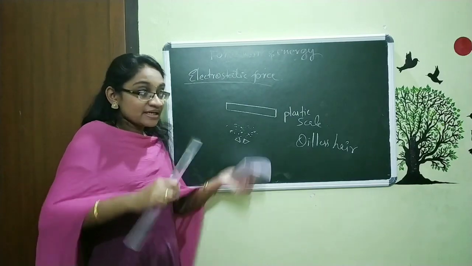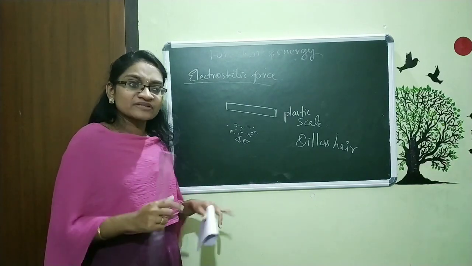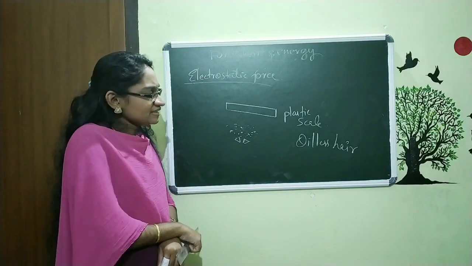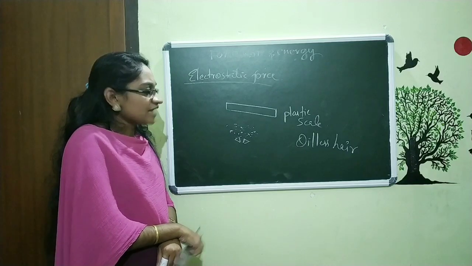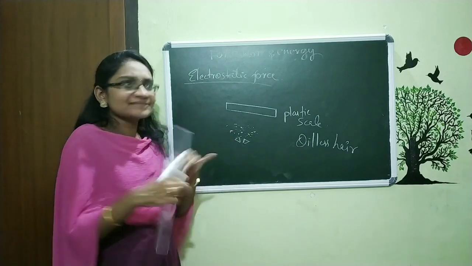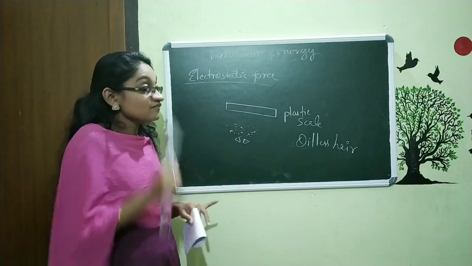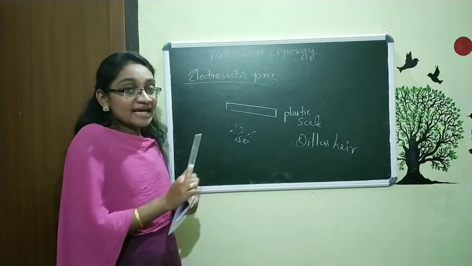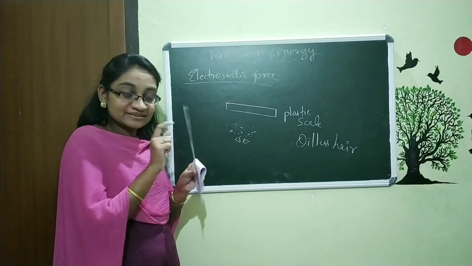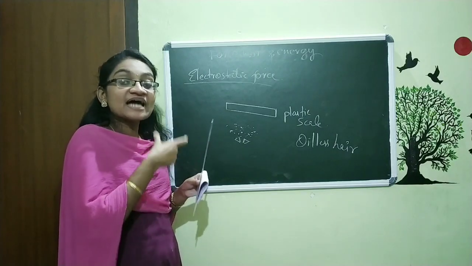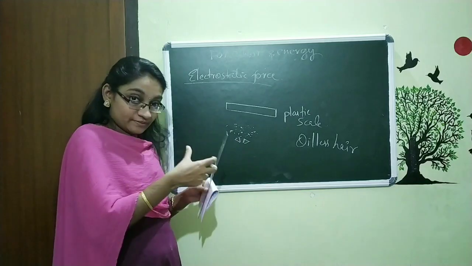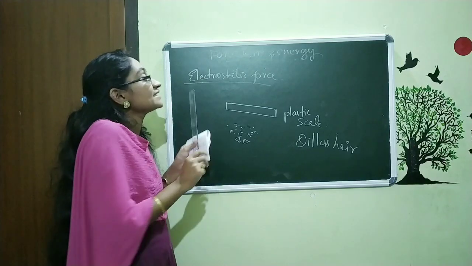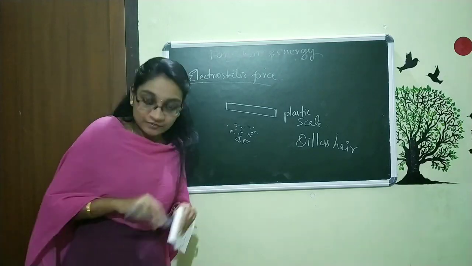I already said that any type of motion occurs only with a particular type of force. Here the force is this electrostatic force. And why does such a force occur? At the initial stage, the paper and the scale have no force. When I rub the scale on my hair, the charge gets produced on the scale, and because of that the electrostatic force is produced.